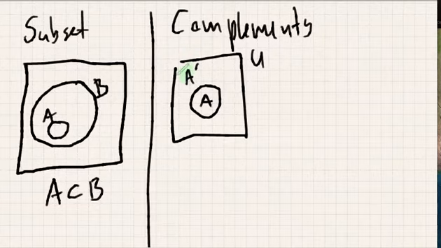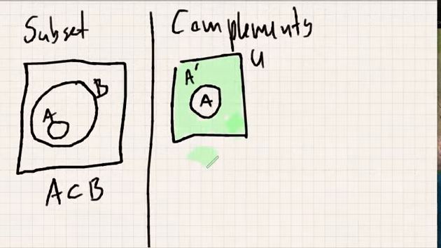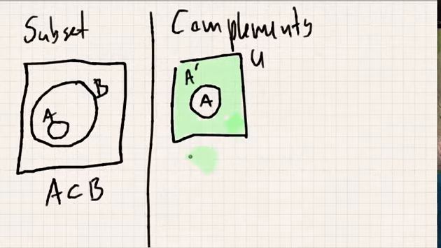Let me just shade that in green. This is going to be the complement. It's hard to draw over in the corners over here. Anyways, what is A prime? It's everything that got shaded in that lovely color of green.